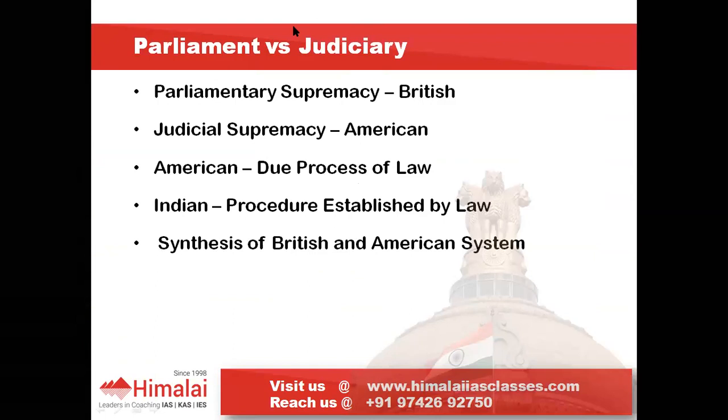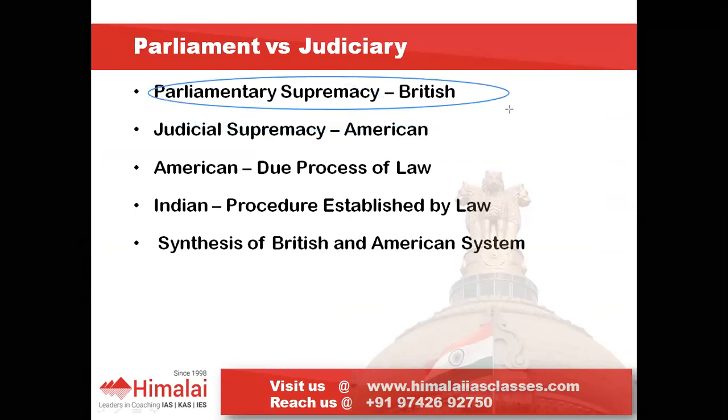So for example, the British system has given supremacy to parliament. The British parliament is the sovereign body, or it has the highest authority in the British system, whereas the American system has gone for judicial supremacy, or their judiciary is the strongest among all the three organs.